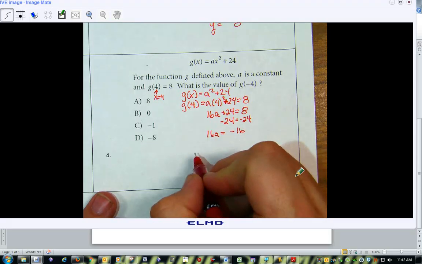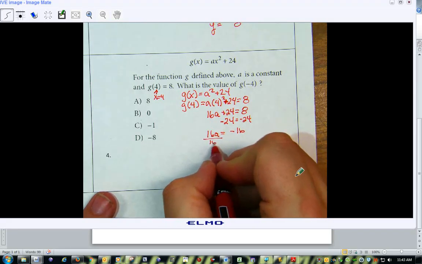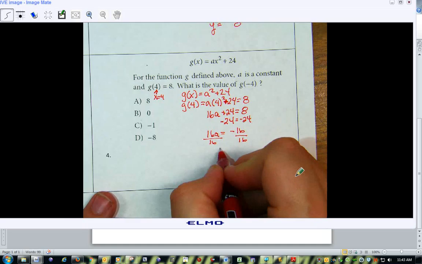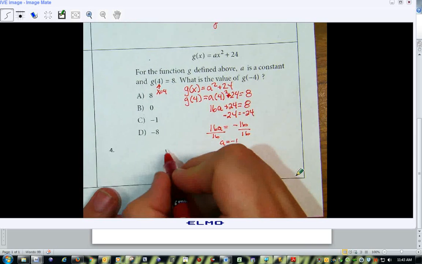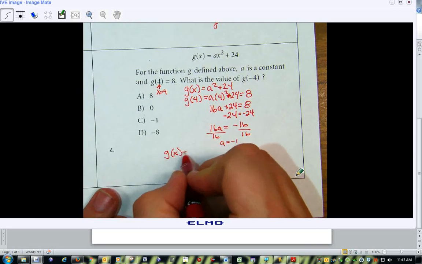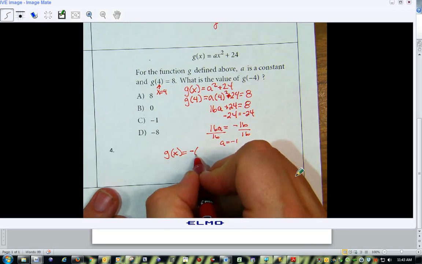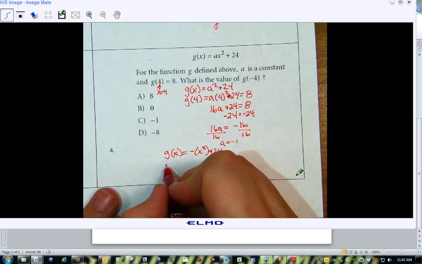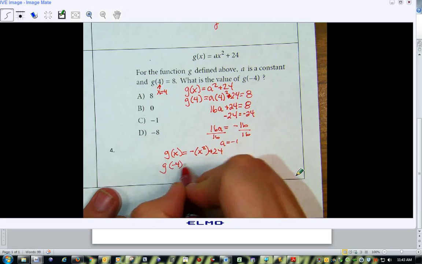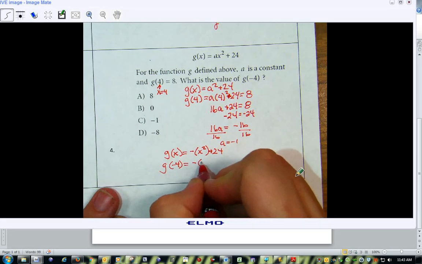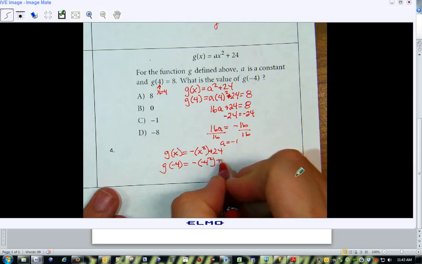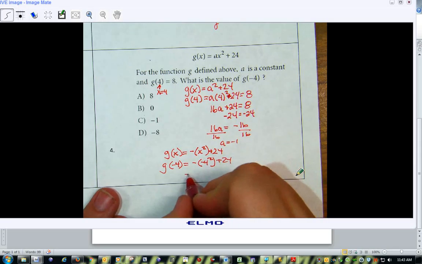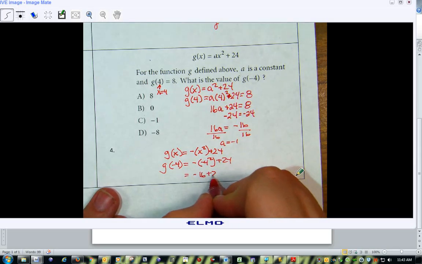So divide by 16, a is equal to negative 1. So I know g of x is equal to negative x squared plus 24. So I want g of negative 4, which would be the opposite of negative 4 squared. What's negative 4 times negative 4? 16. So I want negative 16 plus 24, which is 8.